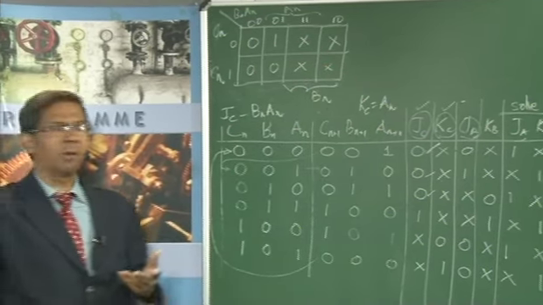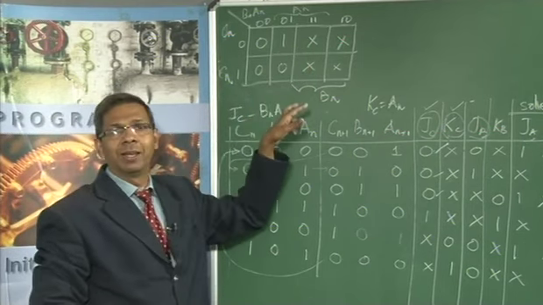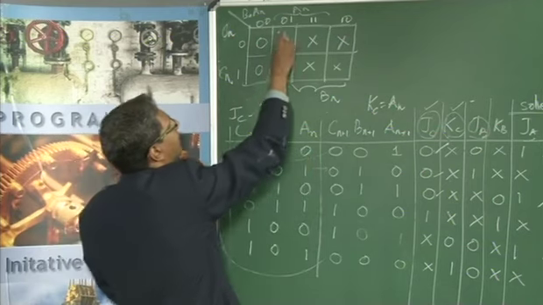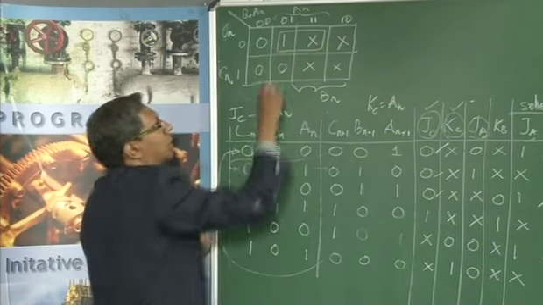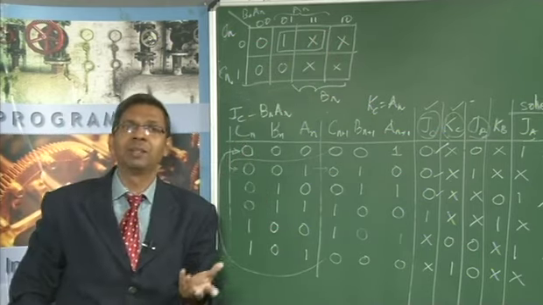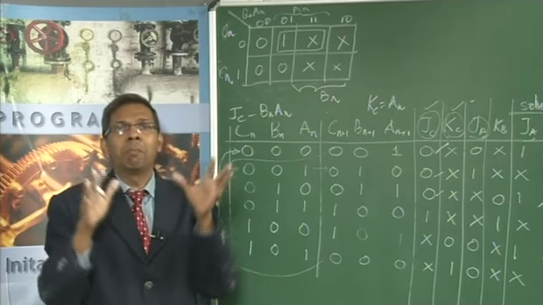So how can I merge this now? I have to include 1. I can't merge them vertically as I did earlier. Now I have to merge them horizontally. See here, this way. So what am I doing now? I am taking this x as 1. Now you should ask, why am I doing this? The moment you merge something, you eliminate one variable. In the sense, you want to simplify the expression.